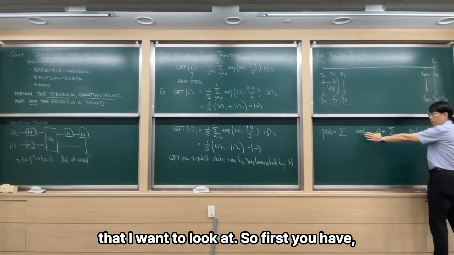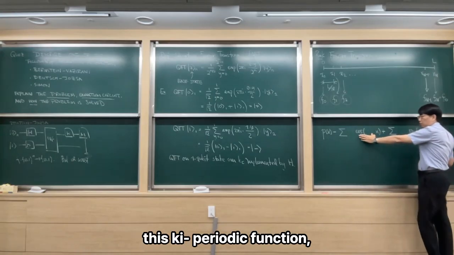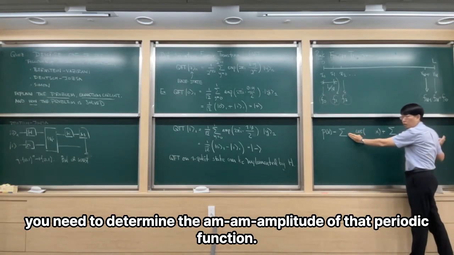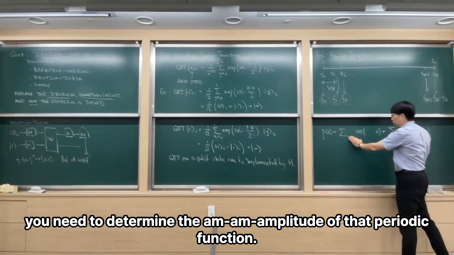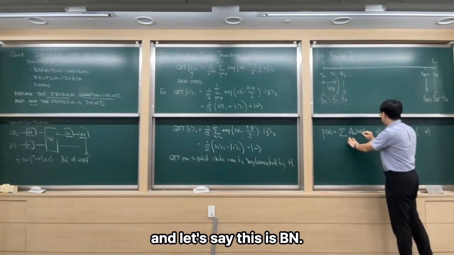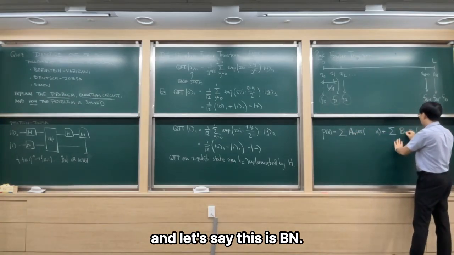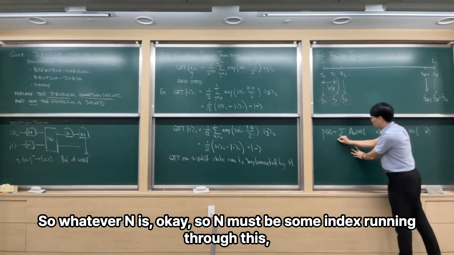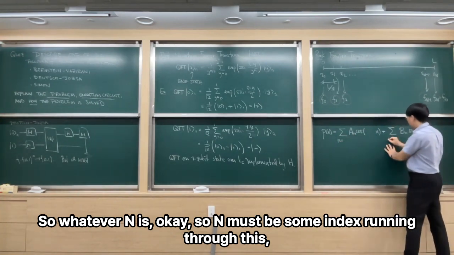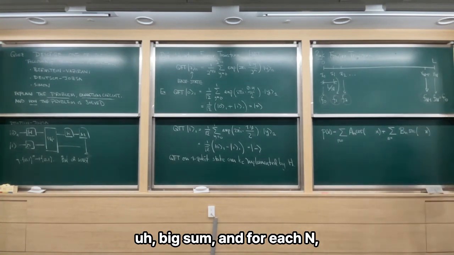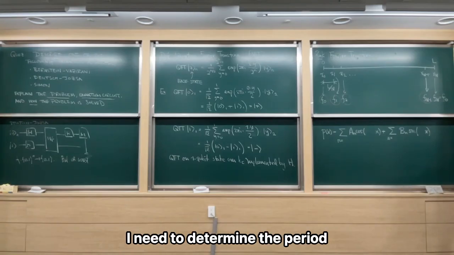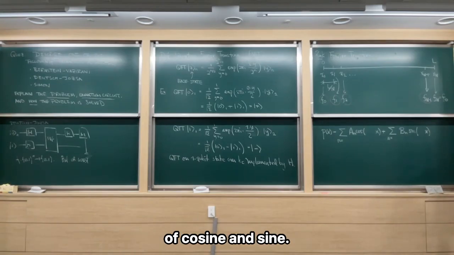So in order to determine this periodic function, you need to determine the amplitude of that periodic function. So let's say this is an, and let's say this is bn. So whatever n is, n must be some index running through this big sum. And for each n, I need to determine the period of cosine and sine.